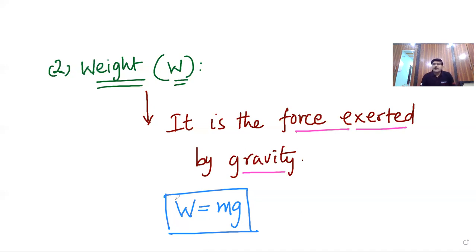Clear? Weight is completely the force exerted by gravity. The gravity impact is present in the weight. Mass is only simple matter. Be clear about the difference between mass and weight. What is mass?